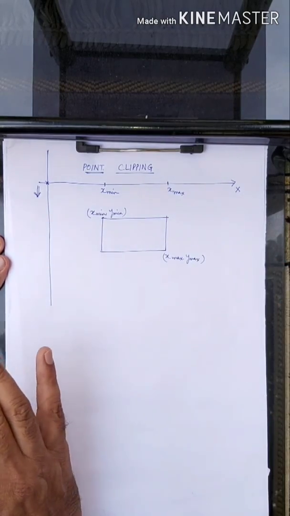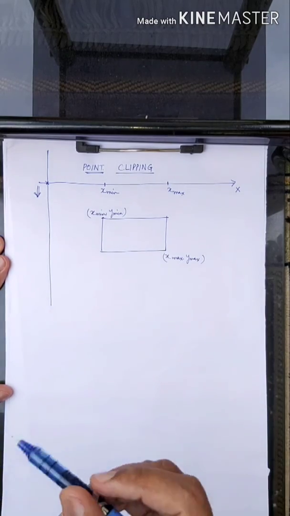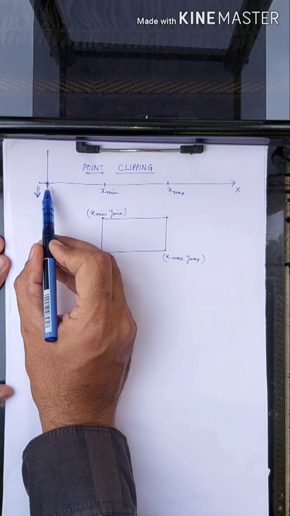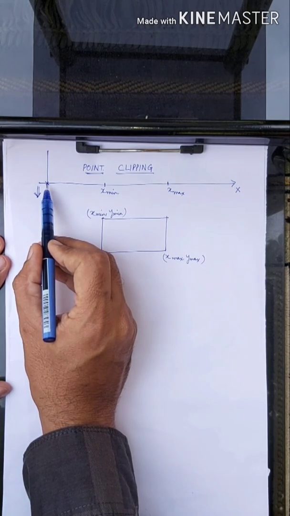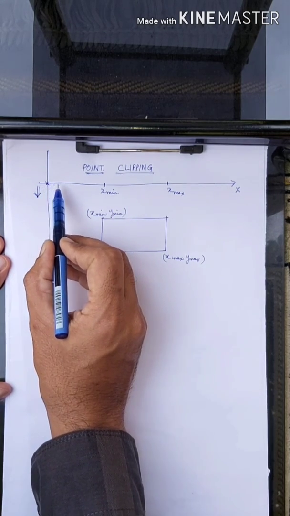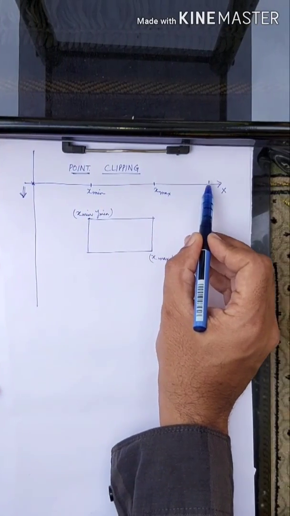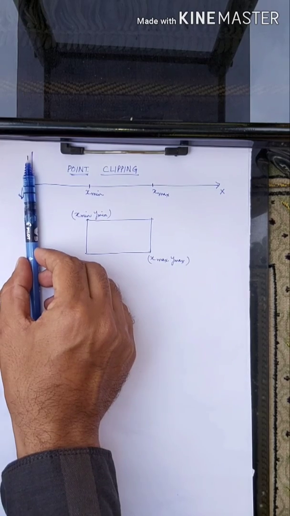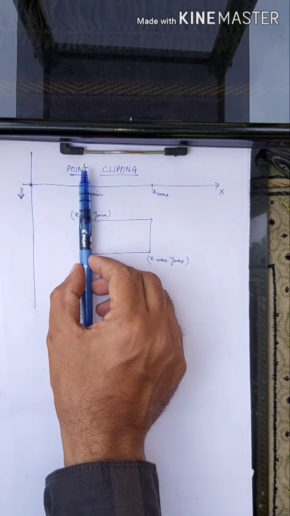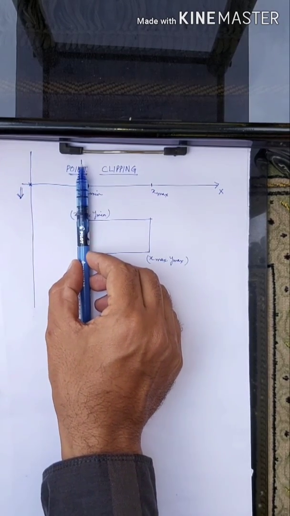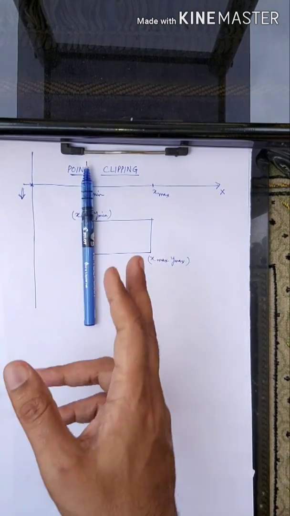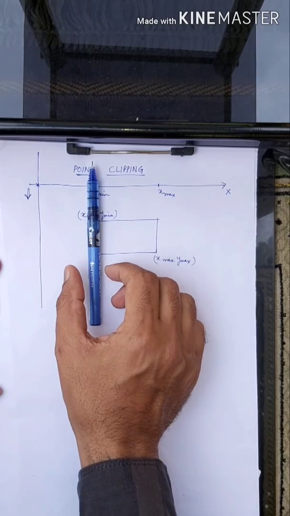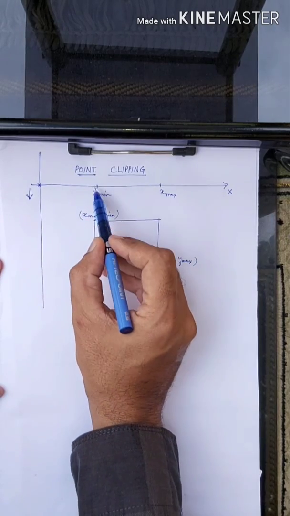If we ignore the vertical direction and take just the horizontal direction, this is the point where x coordinate is 0, and it goes on increasing as we move in this direction. You can watch it very clearly that this is the left boundary of the clipping window. So clipping window's left boundary is marked by x min.